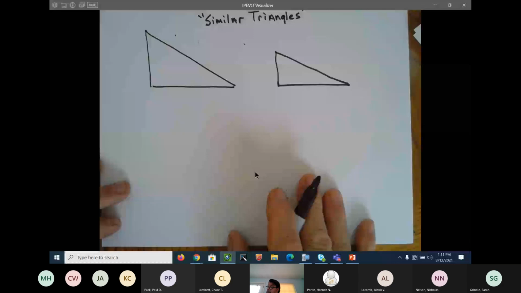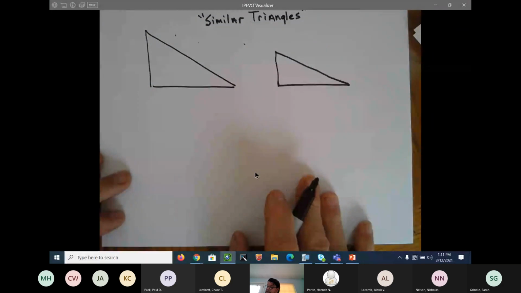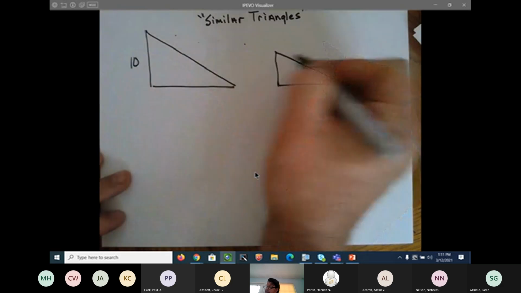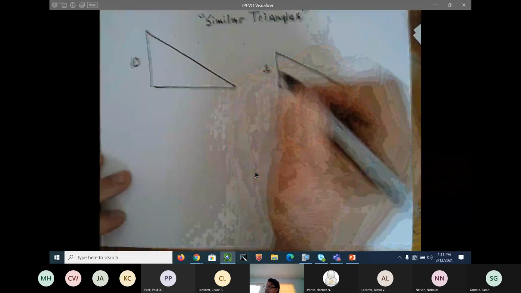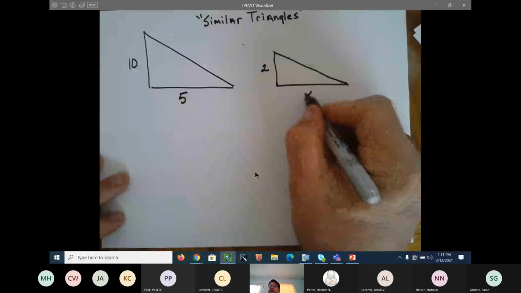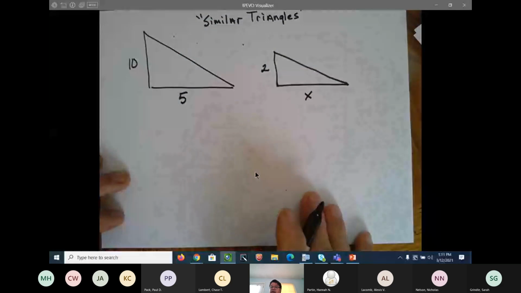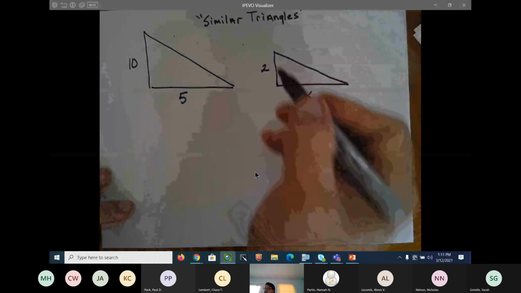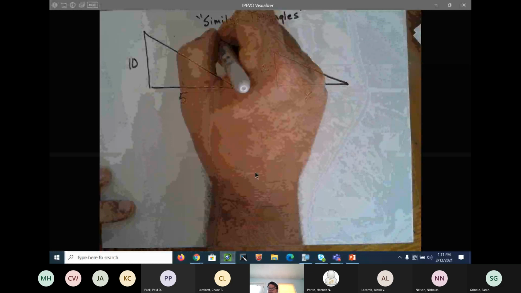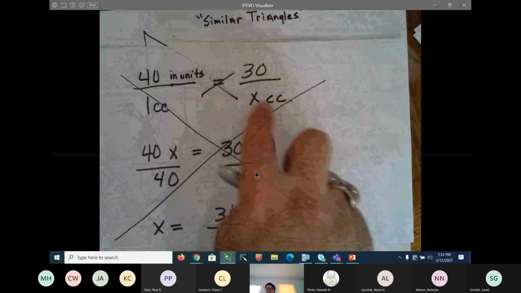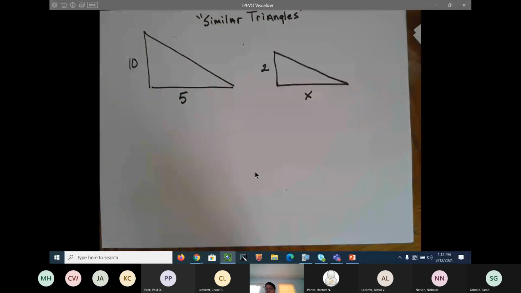And I want you to tell me, if this is 10, this is 2, this is 5, and this is X. Find X. There's several ways you can do it, and you'll get the same answer. I want you to take a minute and find X, and you're going to set it up just like this with equal proportion. You're going to set a fraction equal to a fraction. So go ahead and take a minute and do that. This is the kind of question I would put on the test for the direct proportion.